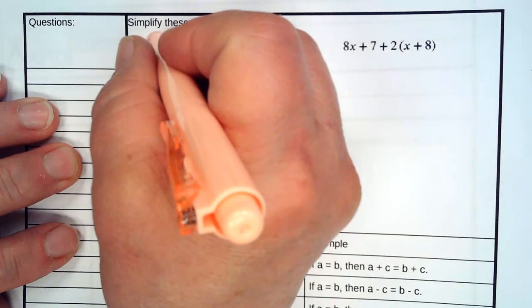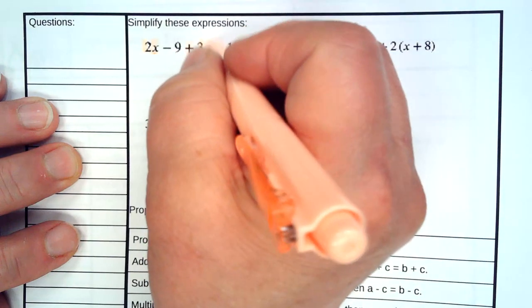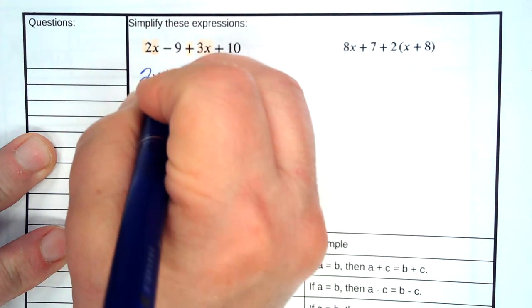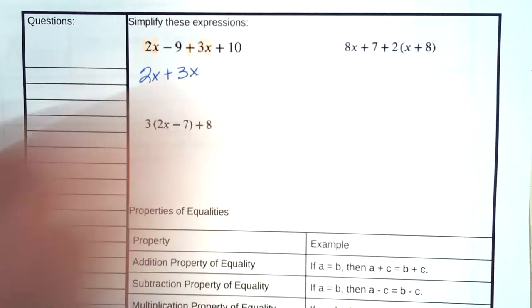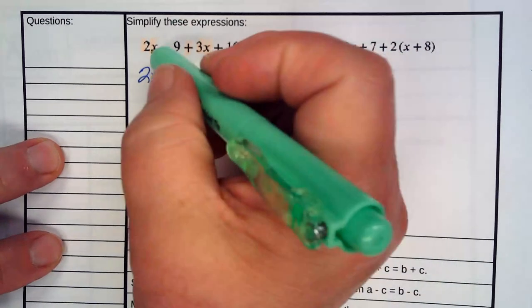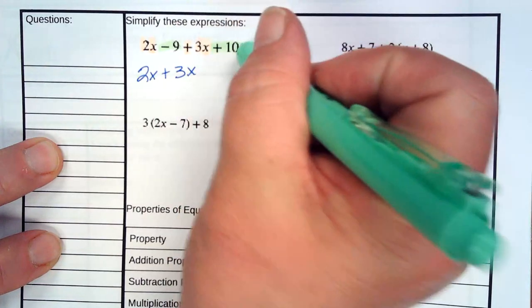So I've got 2x here, and I've got plus 3x here. Numbers are like terms, so I can combine them. I've got minus 9 plus 10.